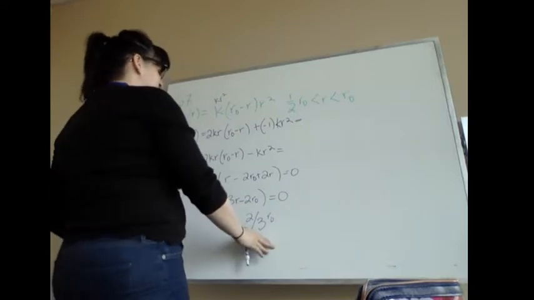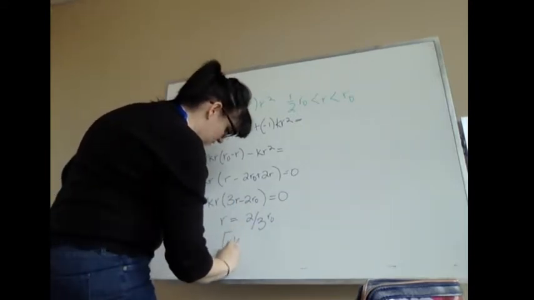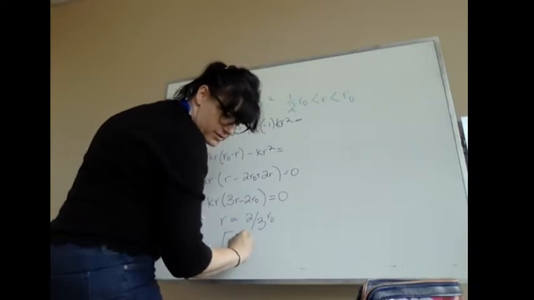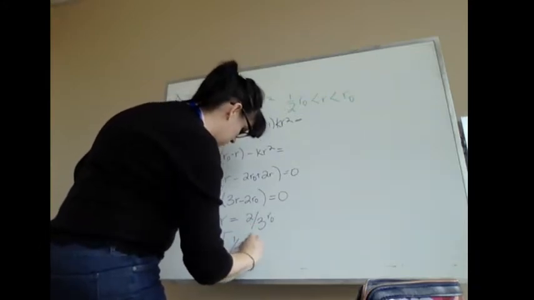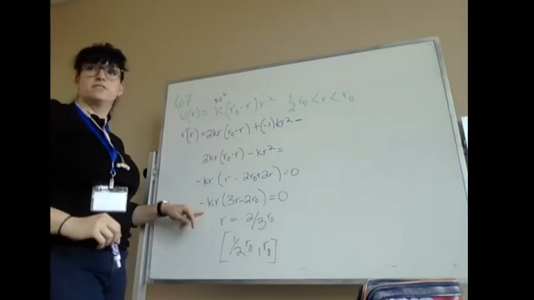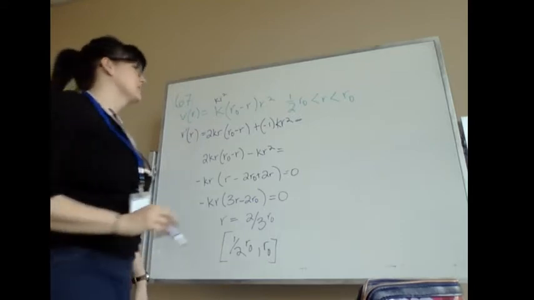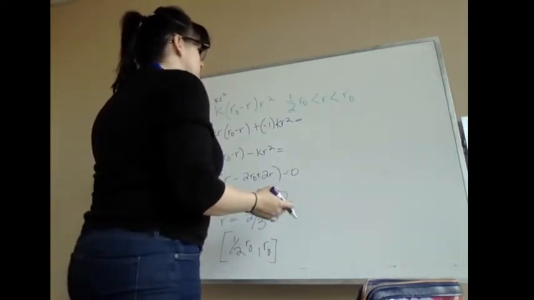Okay, so here's the maximum value on the interval of 1/2 r naught to r naught, which is why I didn't even write 0 over here, because it's not in the interval. Okay, so we want the maximum on the interval.